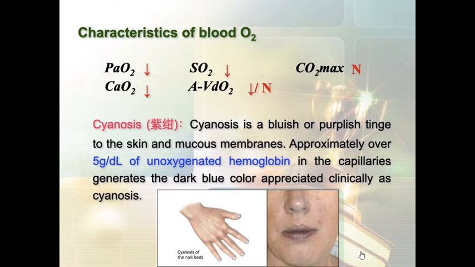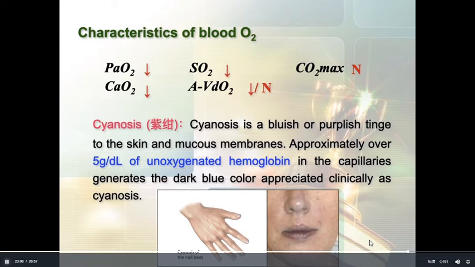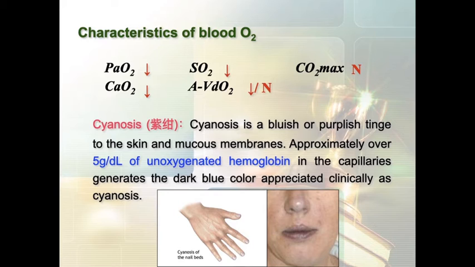Here, the value of unoxygenated hemoglobin is 5. Then what should be the normal value in people without cyanosis? Or in other words, let's put it this way.